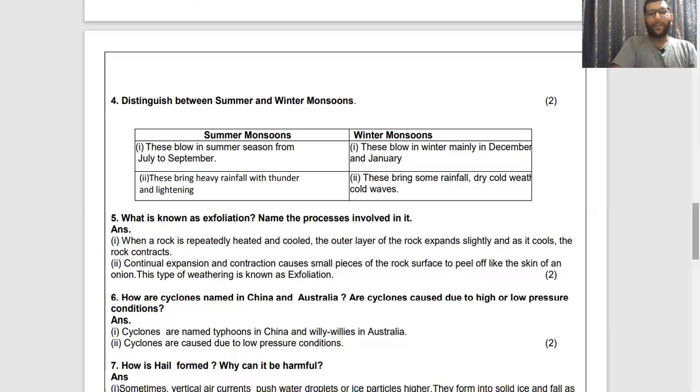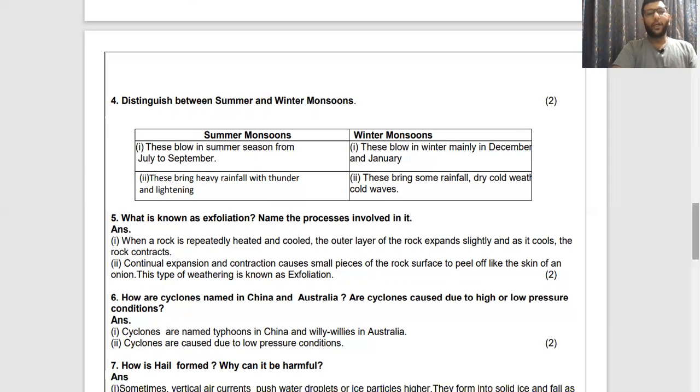You may add one more point if you want. Summer monsoons are beneficial for kharif crops like rice, and winter monsoons are beneficial for rabi crops like wheat, which can utilize this rainfall for cultivation. Again, that is up to you. Since it's a 2-mark question, 2 points are more than enough.